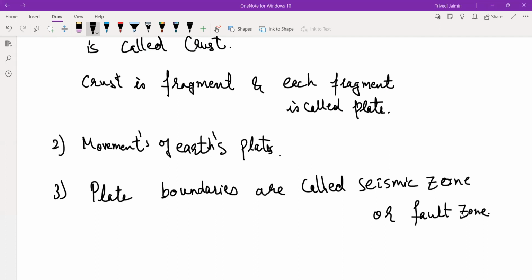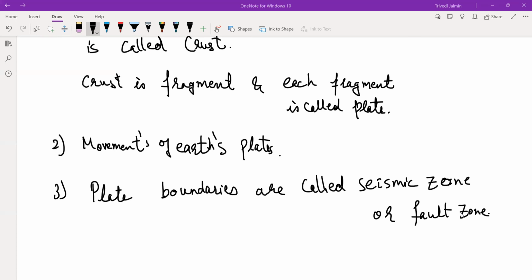Sir, a doubt. When I said that in general, the zones which are prone to earthquakes are called fault zones or weak zones, but here the plate boundaries are also called fault zones. Which one is correct?